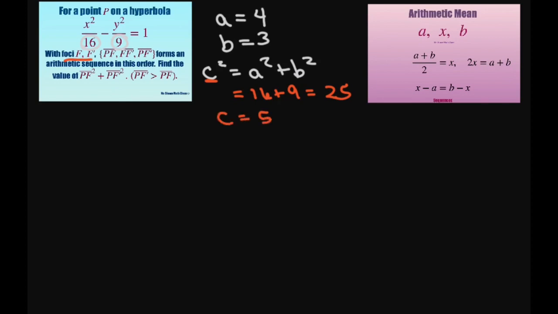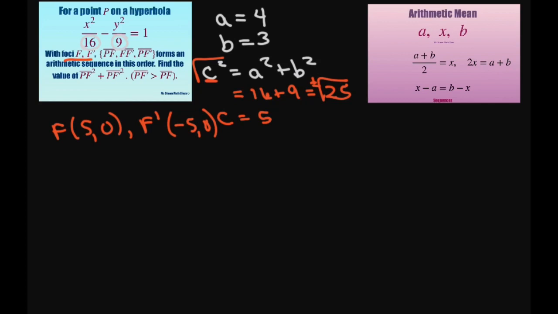Therefore, our foci, and when you take the square root of C, you do plus and minus. So that gives you your foci at (5, 0), and F prime we'll call (-5, 0).